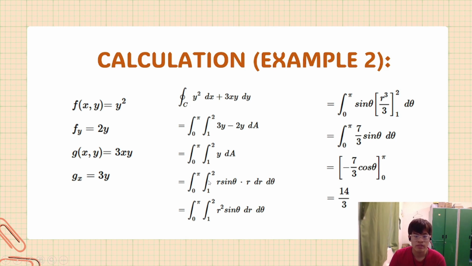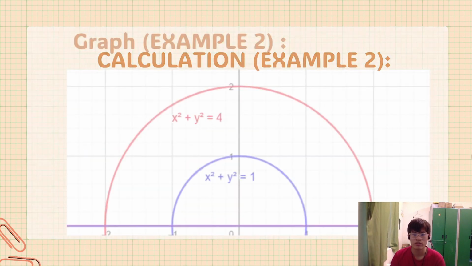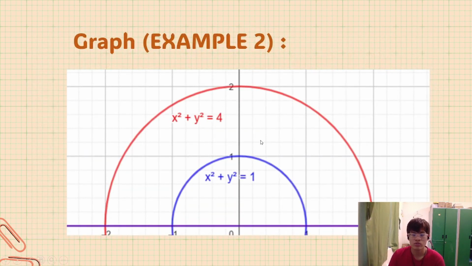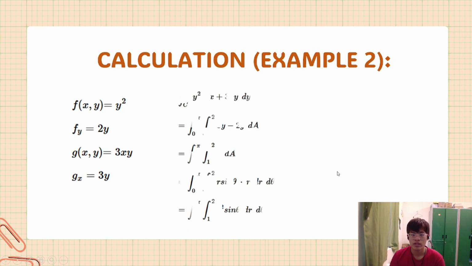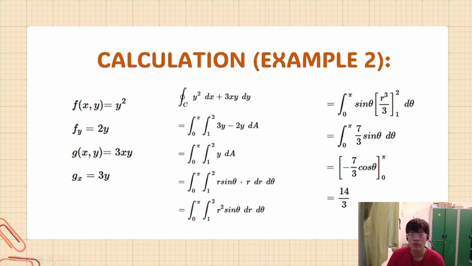We also know that the limit of the boundary of r is 2 for the big circle and 1 for the small circle, and theta is from pi to 0, as the graph shows. This is the 2, this is the 1, r2, r1, and this is the pi to the 0. So we can get the final answer, which is 14/3.